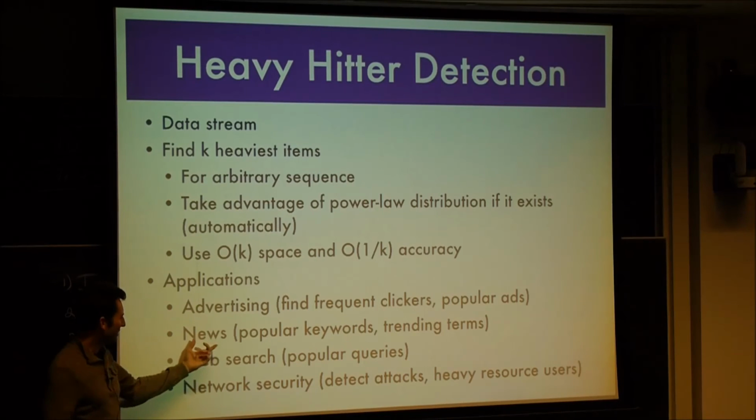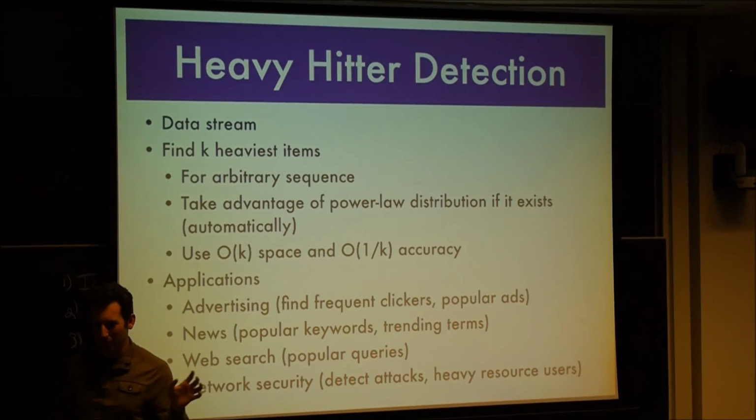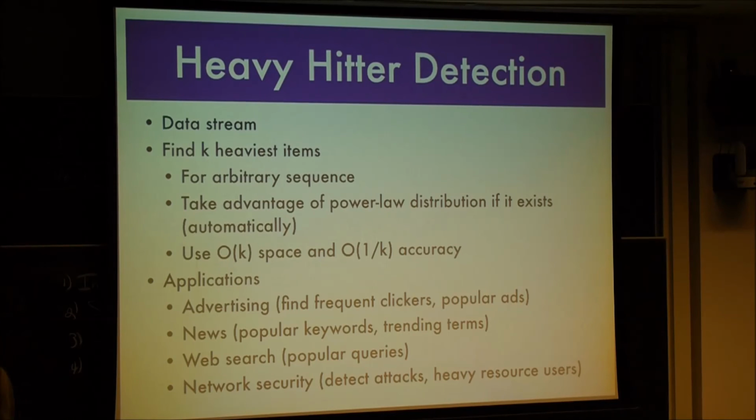Or you want to find popular keywords, trending terms very quickly, popular queries, network security. So, for instance, if somebody is launching a denial of service attack, you want to be able to detect very quickly, oops, this specific IP address is receiving a lot of traffic.